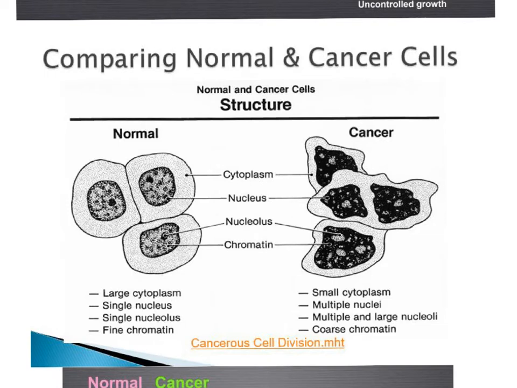So in some examples might be that they have a relatively small cytoplasm. There can be multiple nuclei. They can be very large nucleoli within those nuclei, and the chromatin appears to be more sort of coarse.